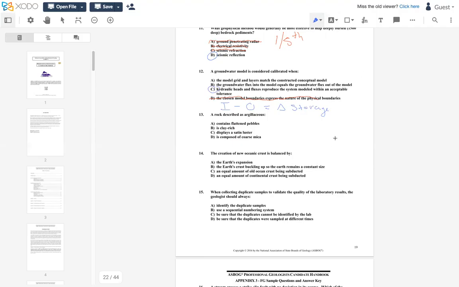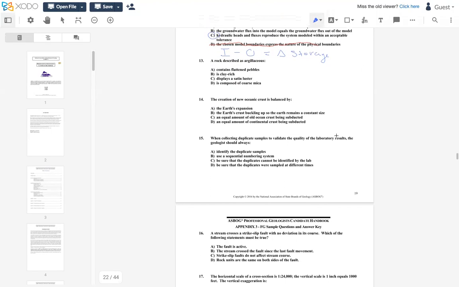All right. 13, a rock described as argillaceous contains flattened pebbles, clay-rich, satin luster, composed of coarse mica. So when I immediately think of anything that's argillaceous, I think of an argillaceous shale. So which of these can I associate to a shale?